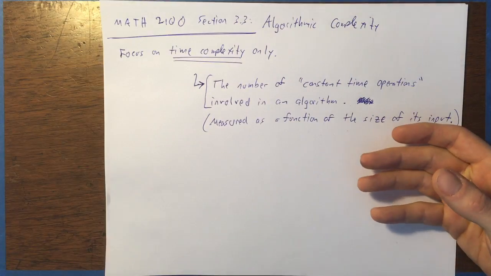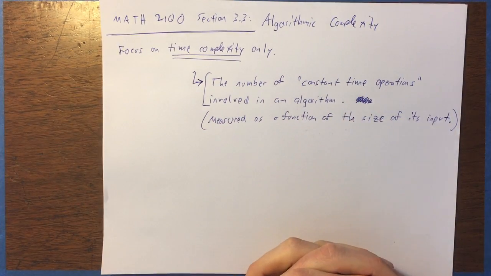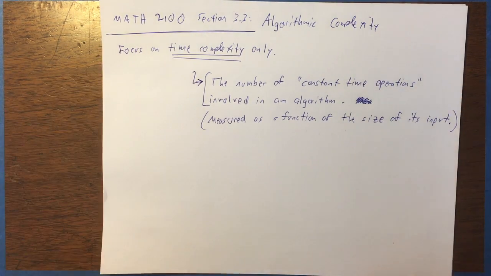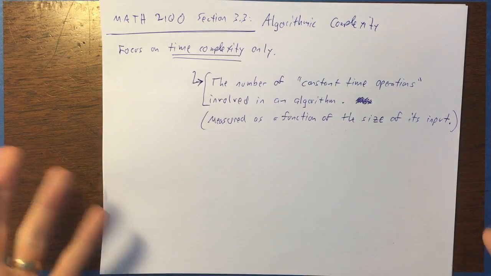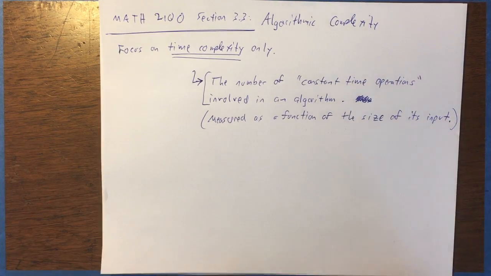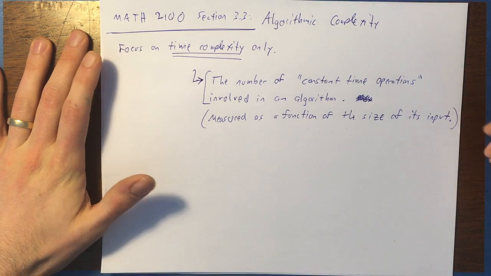But some other algorithms are computed just based on a number. If you give it an integer as an input, then the size of that input might be the number of decimal places, or the number of digits in the binary representation of that number. But for us, it's going to be almost always the length of the list.